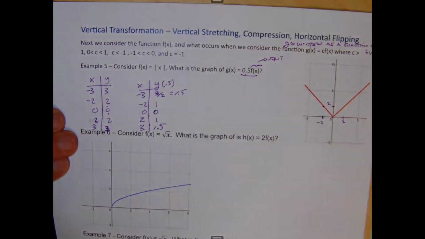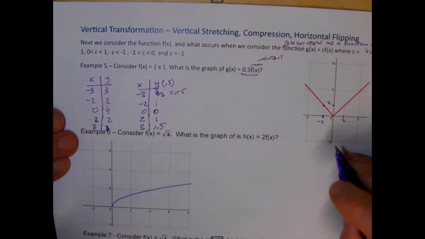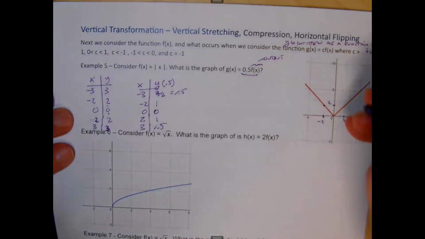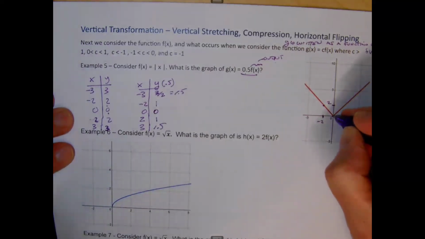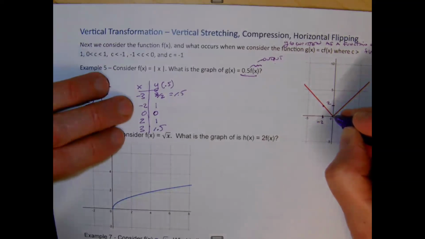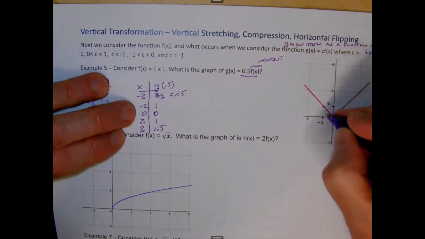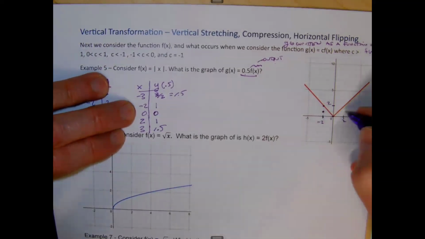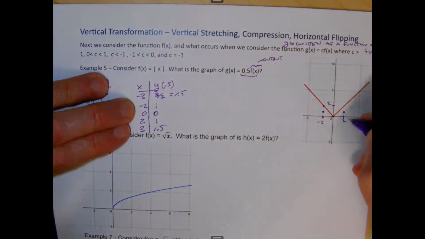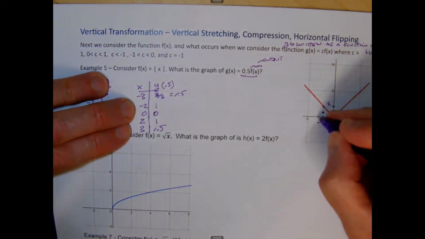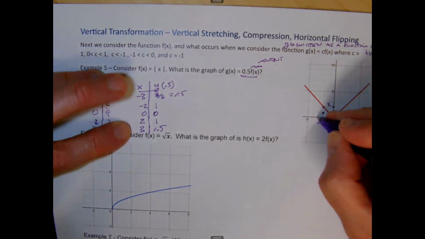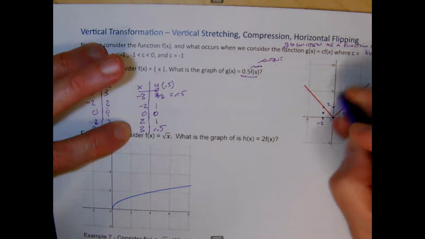So now if I were to graph this, what has just happened? Well, 0 has stayed exactly put. -2 has shifted to 1. Positive 2 has also shifted to 1. 3, which used to produce 3, is now 1.5.